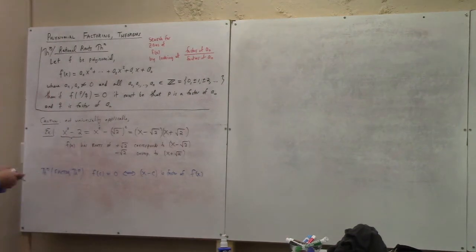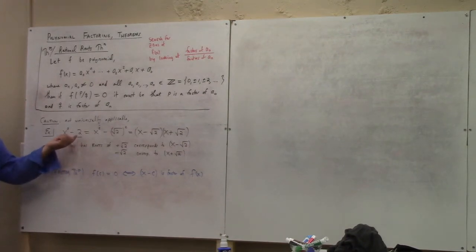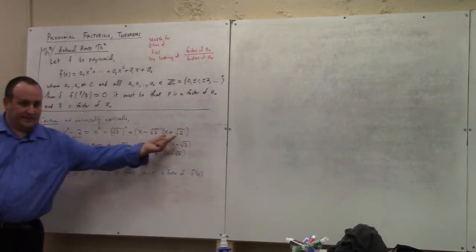In other words, there's a one-to-one correspondence between the zeros of the polynomial, the numbers which we can stick into it and make it output a 0, right? And the factors that correspond, like x minus c. So plus or minus root 2 is a 0 of this f of x, right? If I plug in plus or minus root 2, I get 0, because square root of 2 squared is 2. 2 minus 2 is 0, right? And also, we have this factor and that factor.